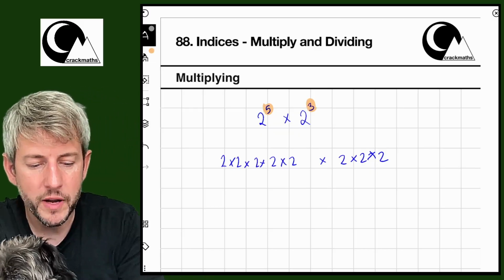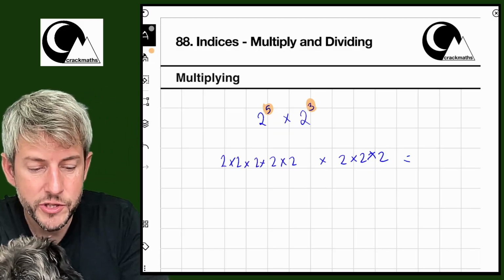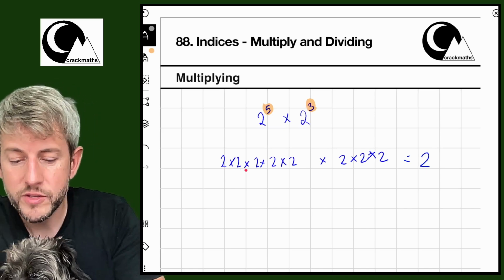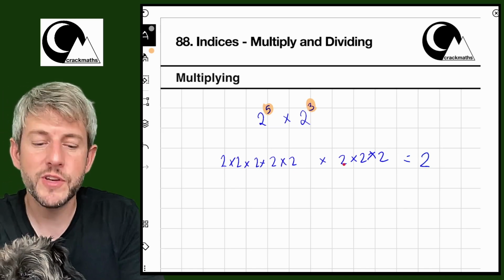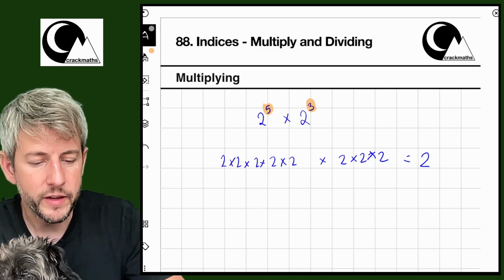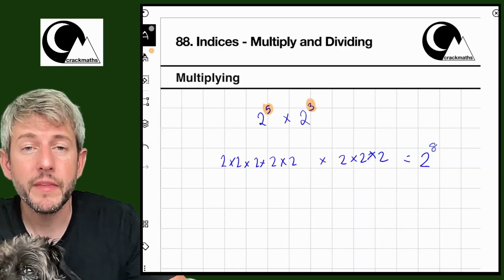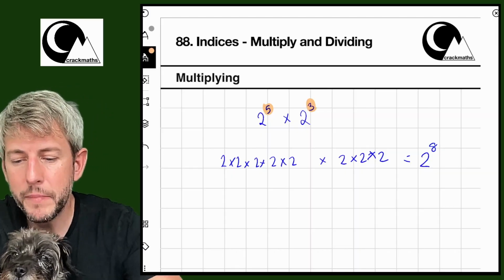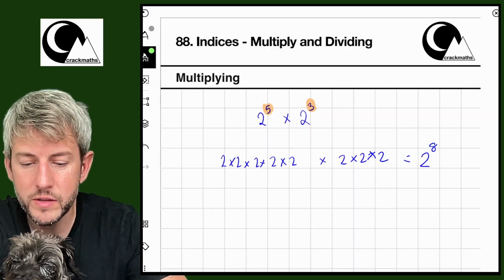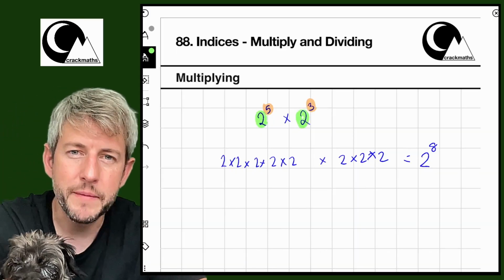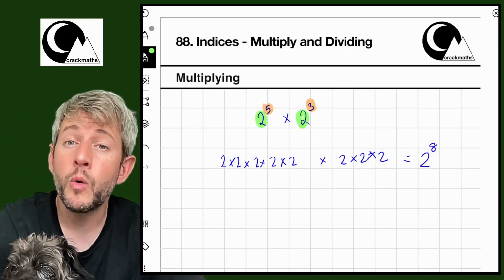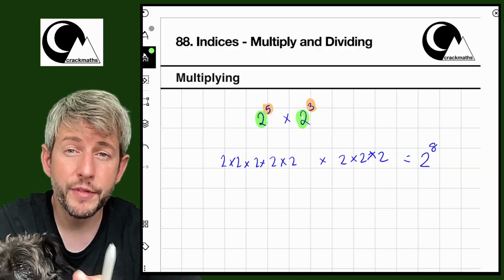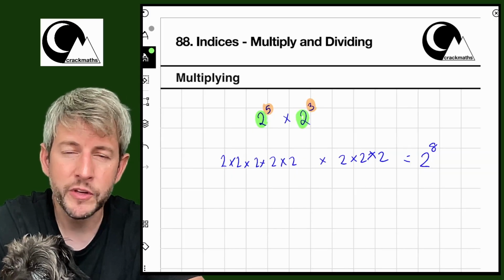So if we're multiplying these two things together, we're going to get 2 to the power of 8. And remember, we were allowed to do this because these are the same. If these numbers were different, we could not simplify the calculation.